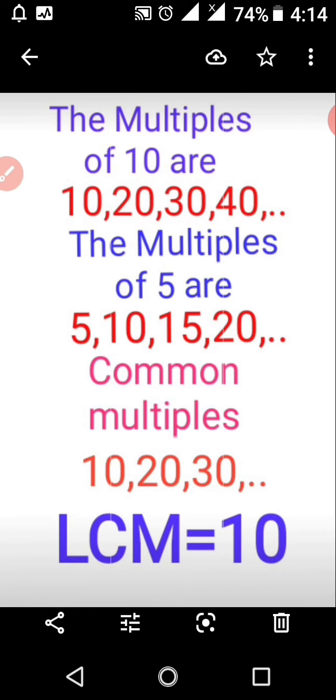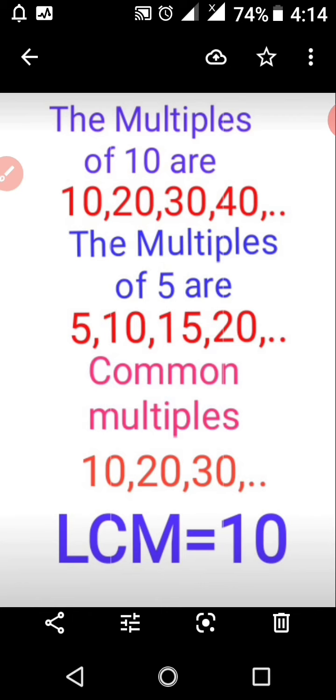Let us see one more example. The multiples of 10: 10 ones are 10, 10 twos are 20, 10 threes are 30, 10 fours are 40 and so on. The multiples of 5: 5 ones are 5, 5 twos are 10, 5 threes are 15, 5 fours are 20 and so on. From both lists, which are common?